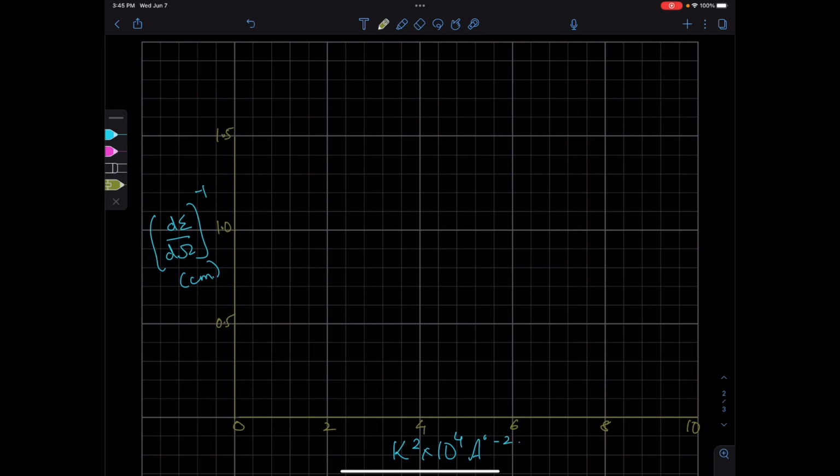So the first point is 1.00 and 0.5. The second coordinate is 3.70 and 0.72. The third coordinate is 10.1 and 1.20. So this is the straight line.